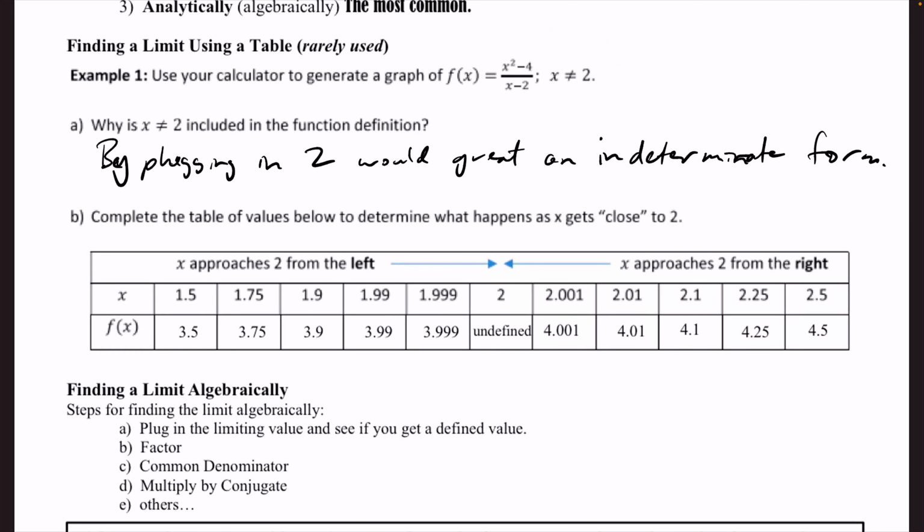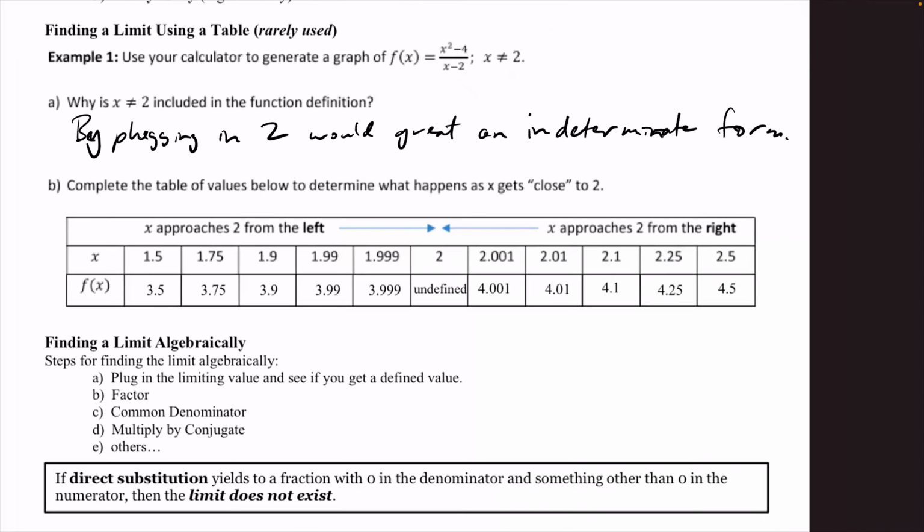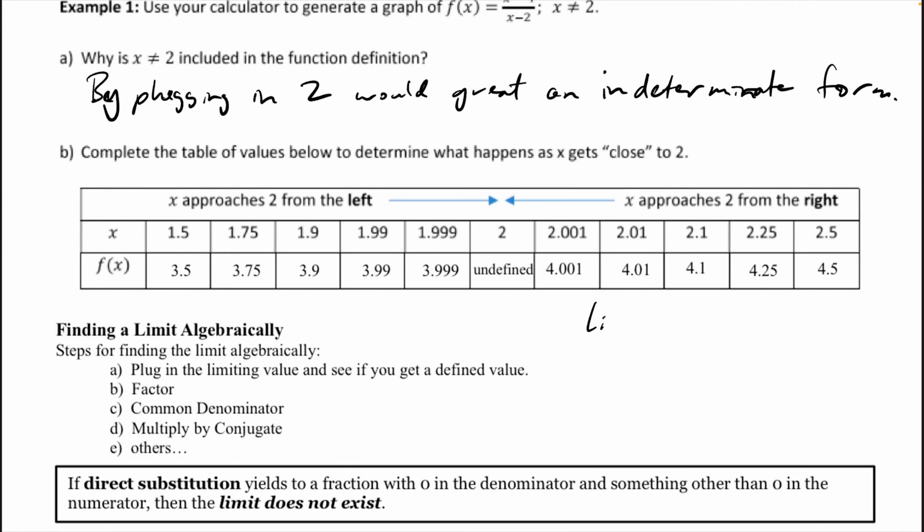Okay, so if I plug in 1.5, so 1.5 squared minus 4, and then 1.5 minus 2, if I do that, I get 3.5. Okay? So use this to determine what is the limit as x approaches 2 for f of x.